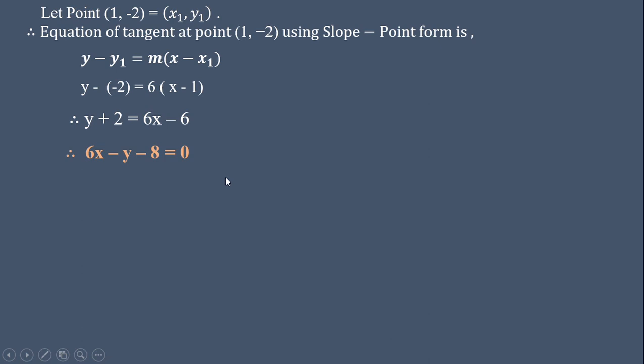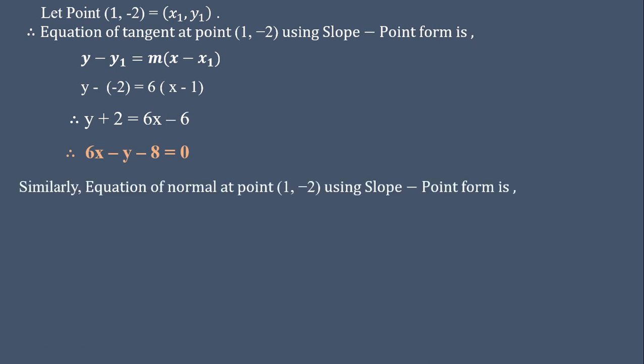Similarly, the equation of normal at that same point using slope point form will be, now for the normal equation, you just have to change this slope. It will be minus 1 upon m. And hence it is y minus, again y1 is minus 2, x1 is 1. Slope is minus 1 by 6.